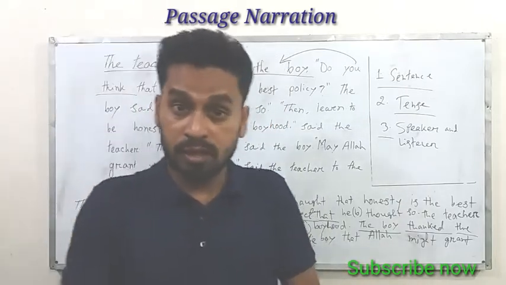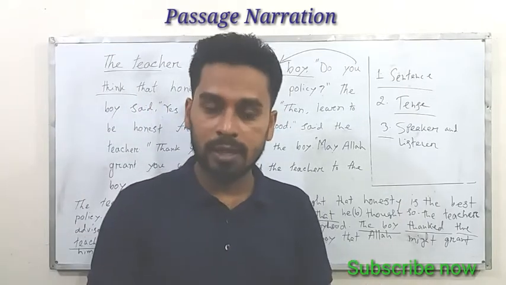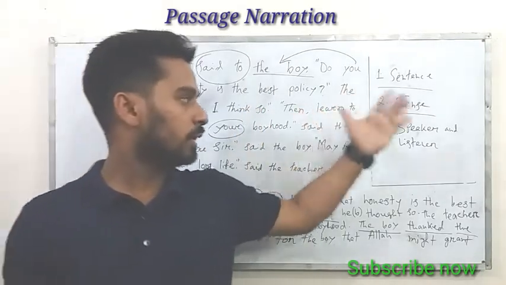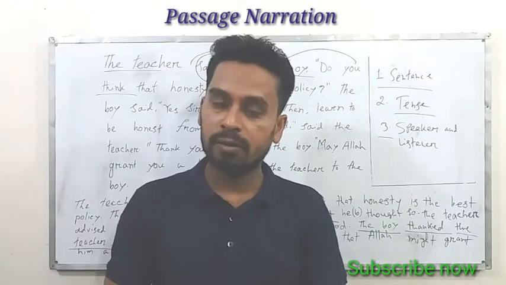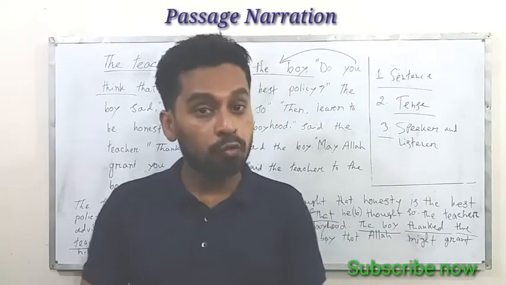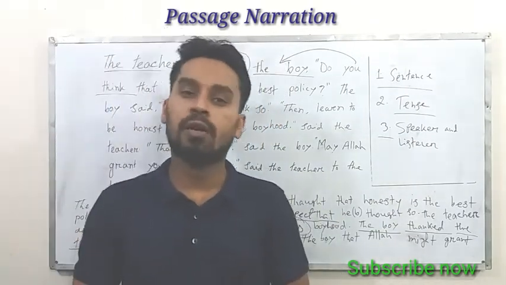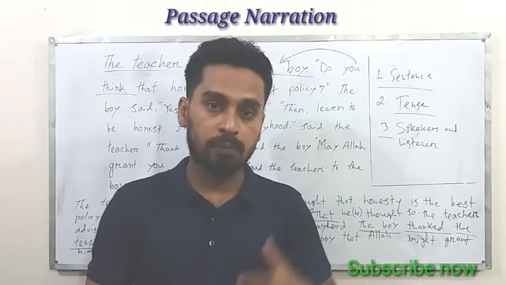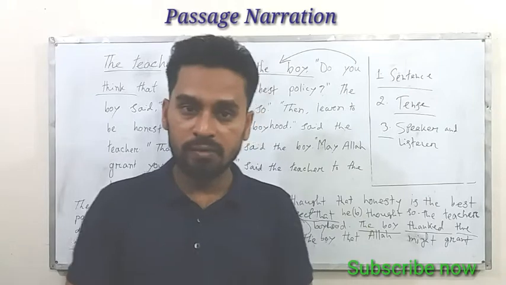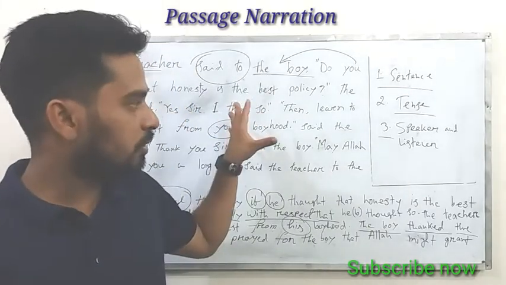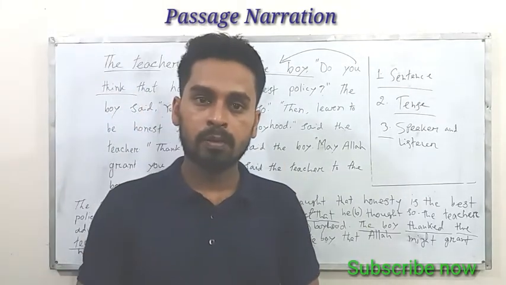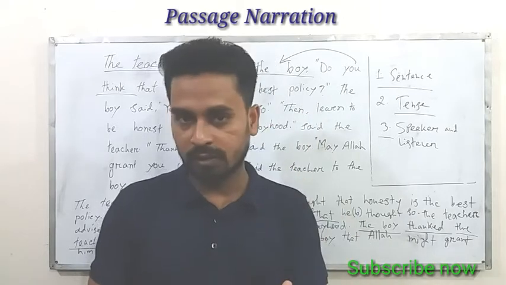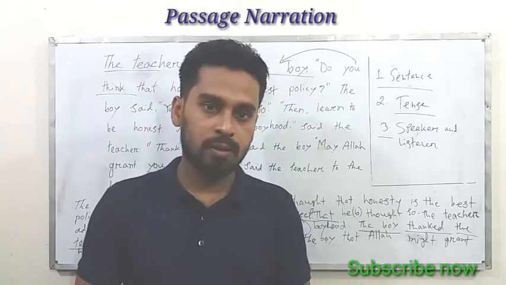I again tell you that there are three things: sentence, tense, and speaker and listener. These three things are really very important for a student who wants to make indirect narration very easily, because in narration what is really important is to find out the subject and the tense.